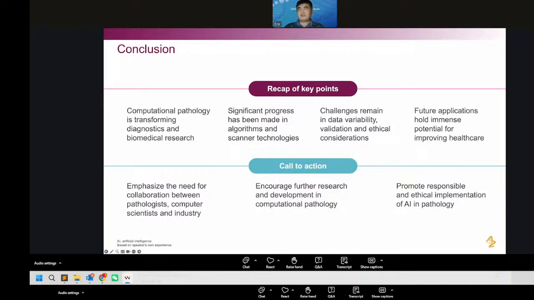Now let me introduce the second speaker of tonight, Dr. Cheng Cui. Dr. Cui is a seasoned regulatory affairs expert with over 10 years of experience in both health authority, the US FDA, and the industry, particularly in the areas of digital health technologies, biomarkers, and in vitro diagnostic devices for cancer diagnostics in drug development.